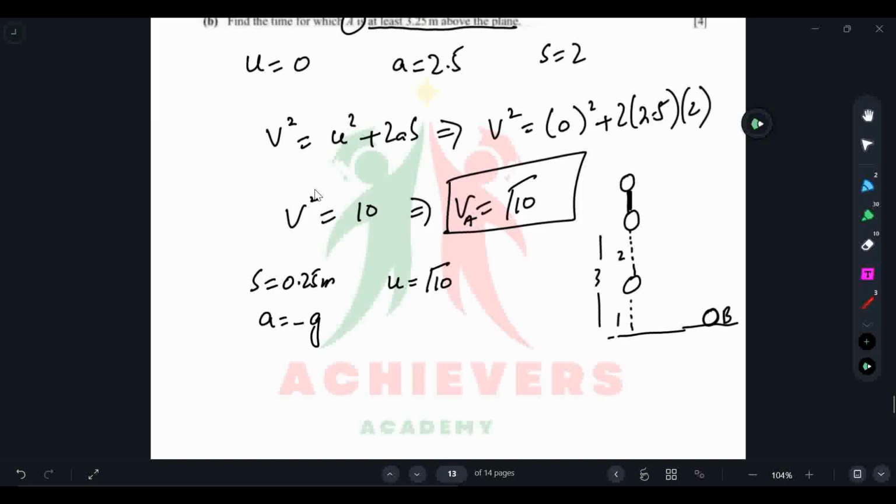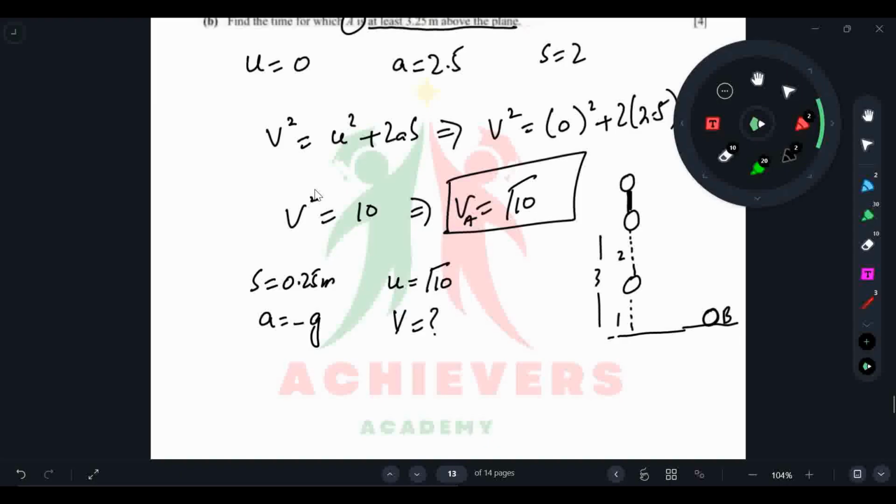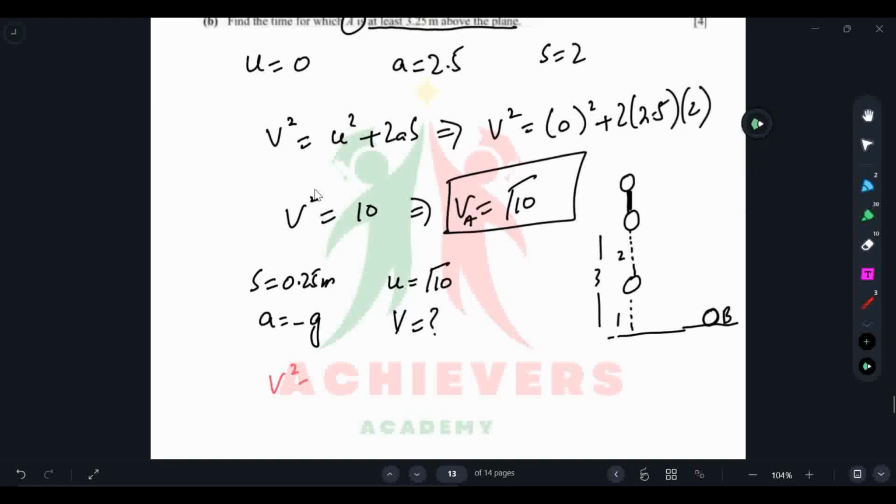And then what will be the value of the final velocity? We don't know, so we can use the equation of motion again: v square is equal to u square plus 2as. v will be equal to the square root of u, which is square root of 10 squared, plus 2 times a, which is minus 10, and the distance is 0.25.